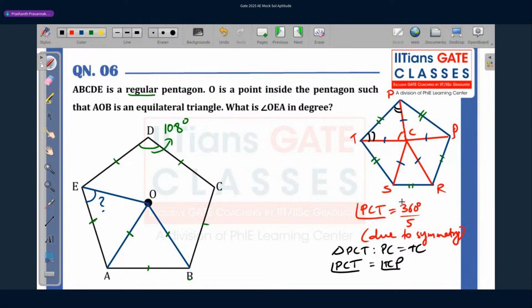So these two are equal. I know that this is 72. So this will give me angle CPT as 180 minus 72 divided by 2.